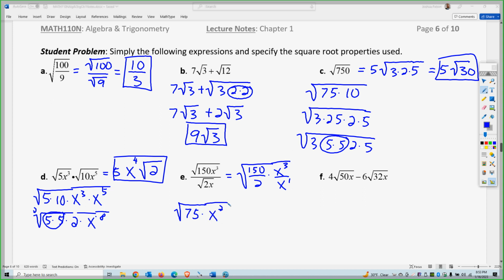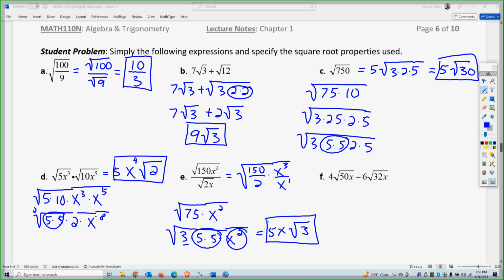So this gives me 3 times 25, or 3 times 5 times 5. So I have a pair of 5's and a pair of x's. That gives me 5x, and then inside is a leftover 3. So that is a non-perfect.